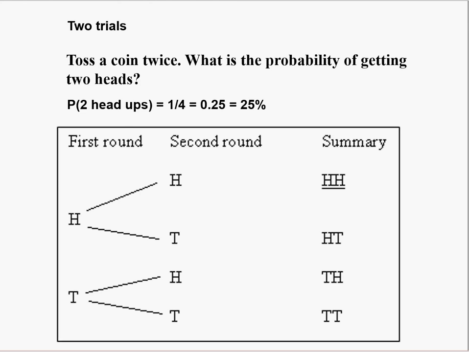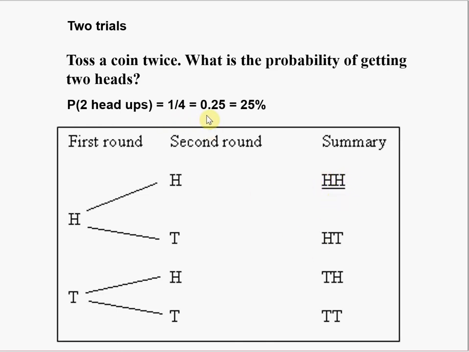Now, after that, we have to decide how many possible ways we can get two heads. How many possible ways do we get two heads? One. And this is the number that should go to the top.